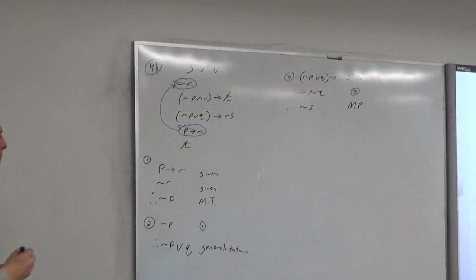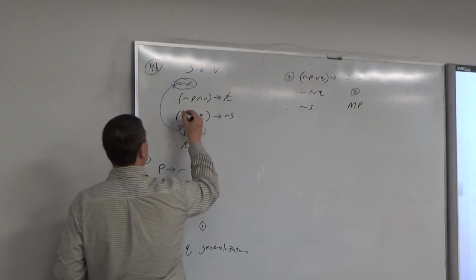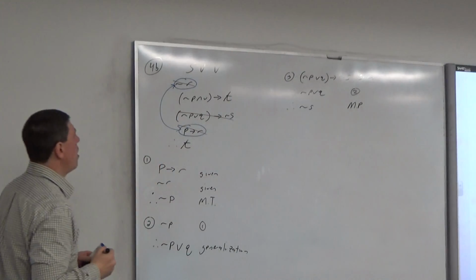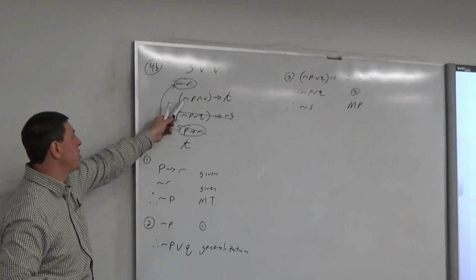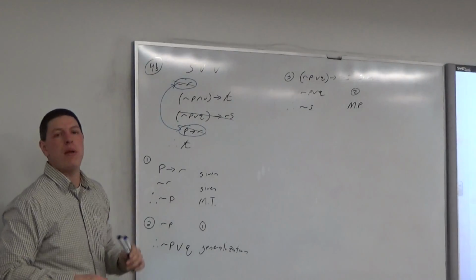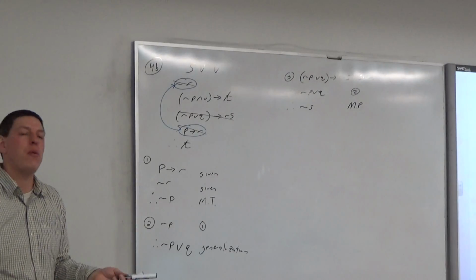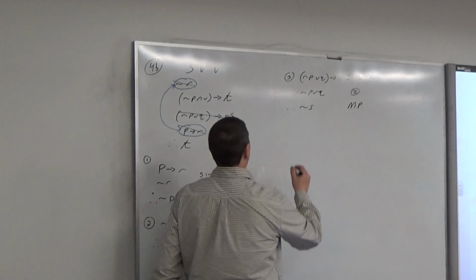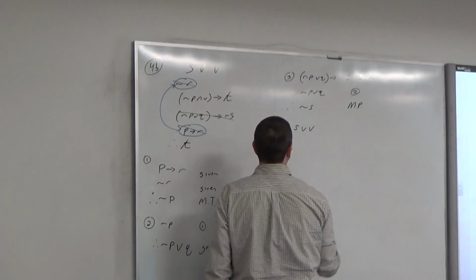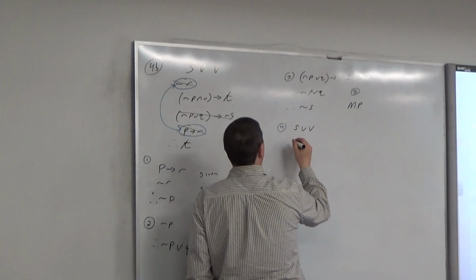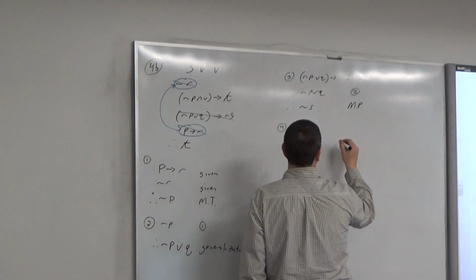We can cross this off. I'm not the smartest guy in the world, but it doesn't look like statement number 3 has any S's in it, but it looks like statement 1 has an S in it, so let's use statement 1. Okay. For step 4, we have S or V. We know that we have not S from step 3.